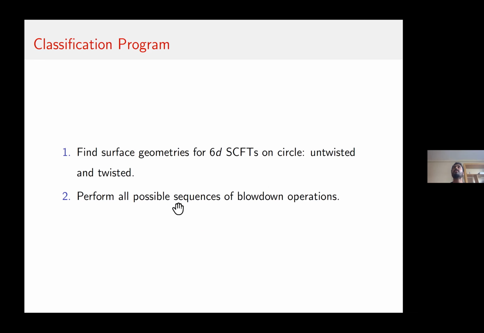No, they are. So there are these things called triple intersection numbers between the surfaces. You can have triple intersections between them, and these triple intersections encode some Chern-Simons couplings in the gauge theory, in the abelian gauge theory arising on the extended Coulomb branch.